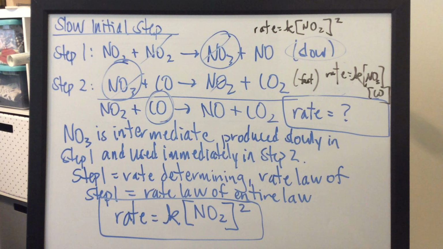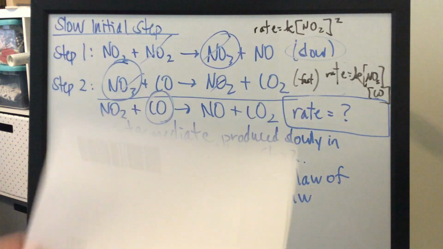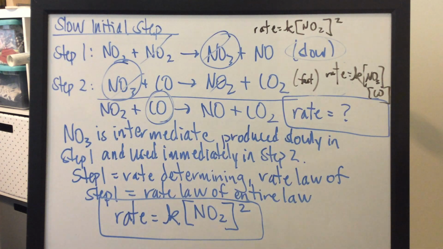So these are the ones, the slow initial step are the ones that are fairly easy to understand, and not a huge deal. If you remember back to right here where I had written the slow initial step mechanisms are fairly straightforward.